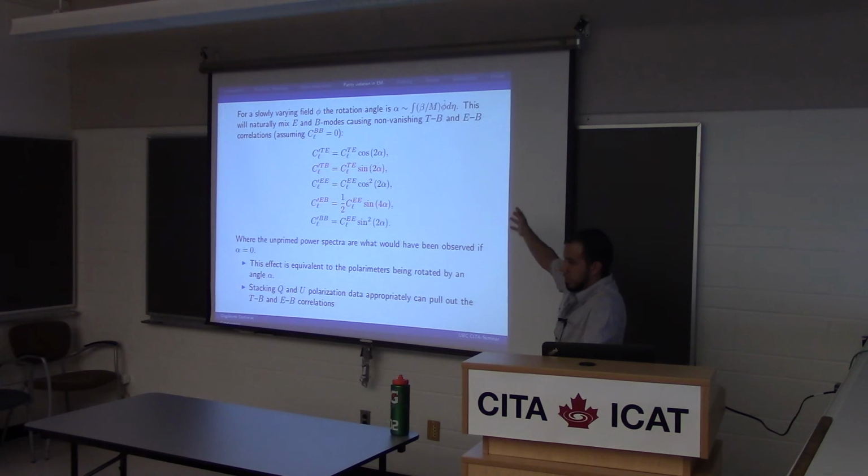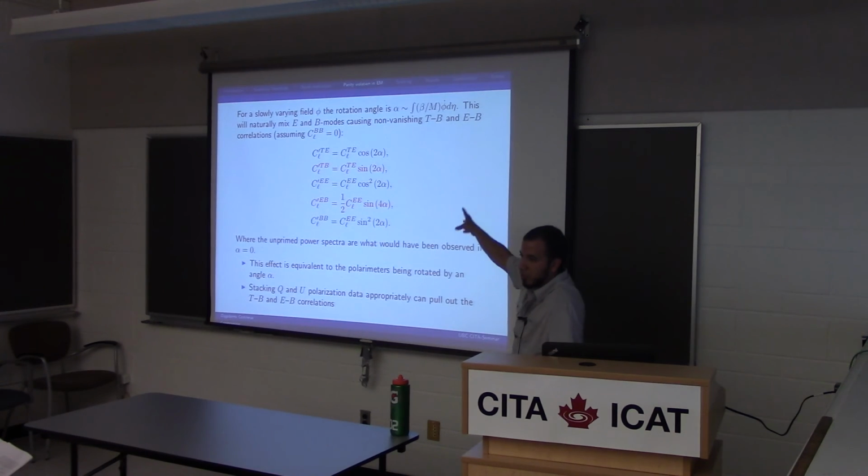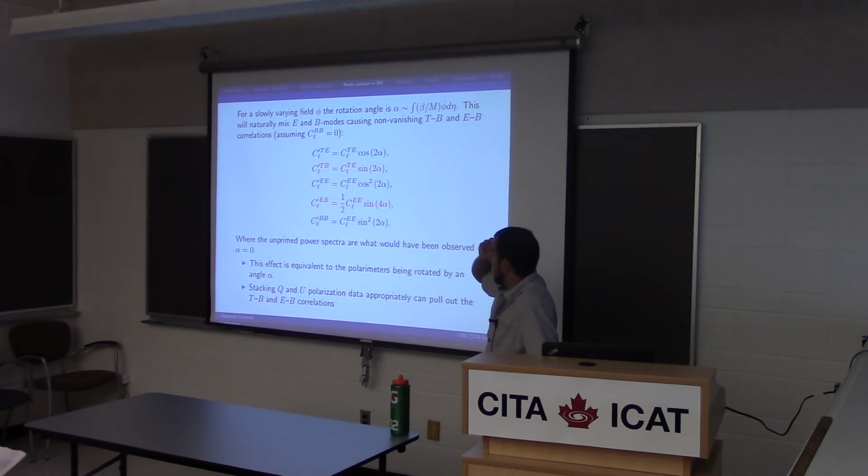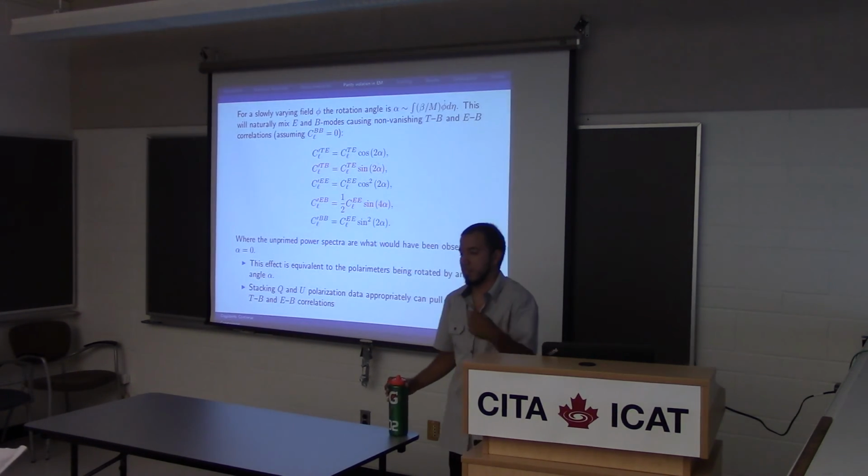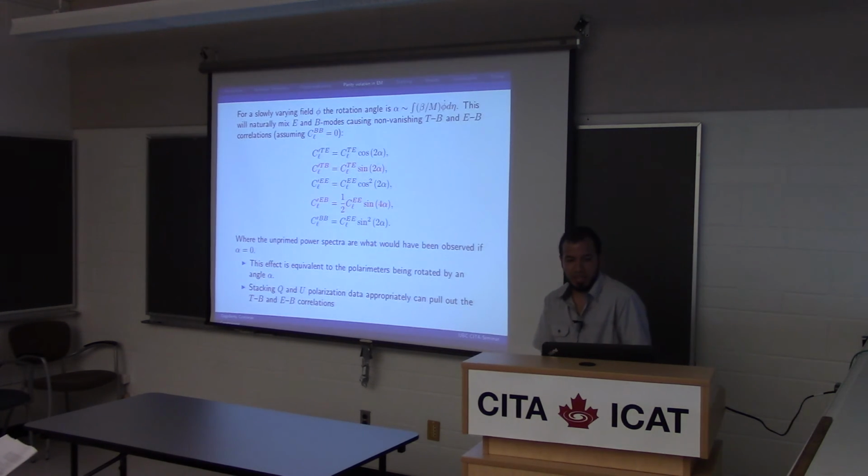In principle, if I wanted to measure this, I could easily just take the TB and EB correlations and fit the predicted power spectrum to them and tell you what alpha was. Instead, I'm going to stack on the Q and U polarization states to pull out the TB and EB correlations.